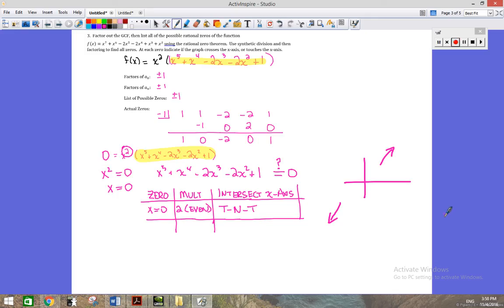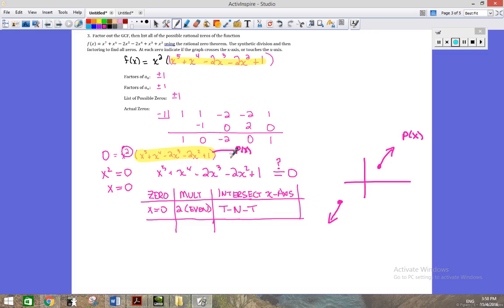I also know that polynomial functions are smooth and continuous. I know there are no holes in the graph and no jumps, so I know it's crossing. No, wait a minute. This one is not crossing at 0. Remember the original function f. I'm not talking about f. Let's call this p, p of x. It's what I've highlighted here.